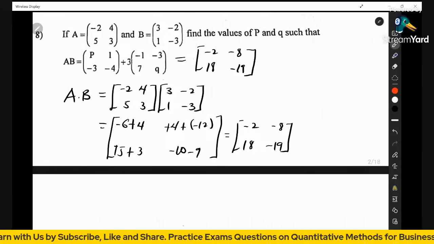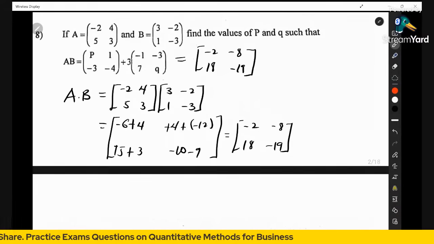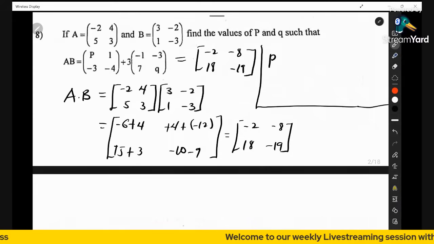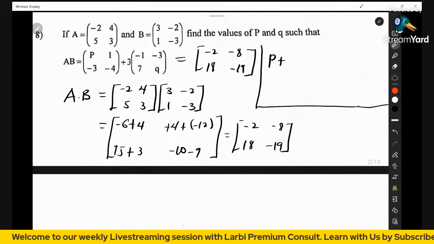So in this particular case, for us to deal with the P first, let me create a space here. We will have our P, plus, remember that 3 will multiply the -1, so that makes it -3.